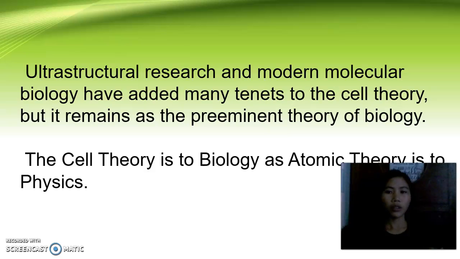Ultra-structural research and modern molecular biology have added many tenets to the cell theory, but it remains the preeminent theory of biology. The cell theory is to biology what atomic theory is to physics.